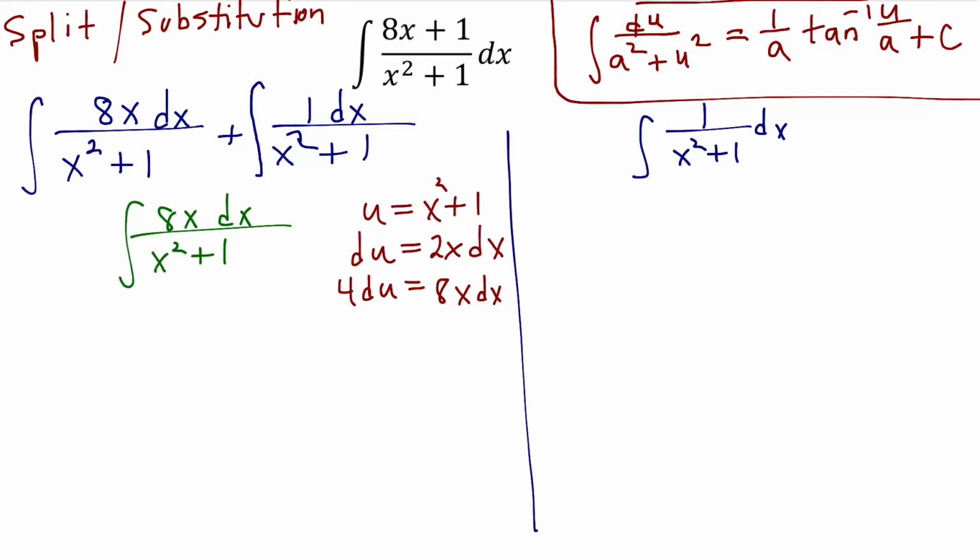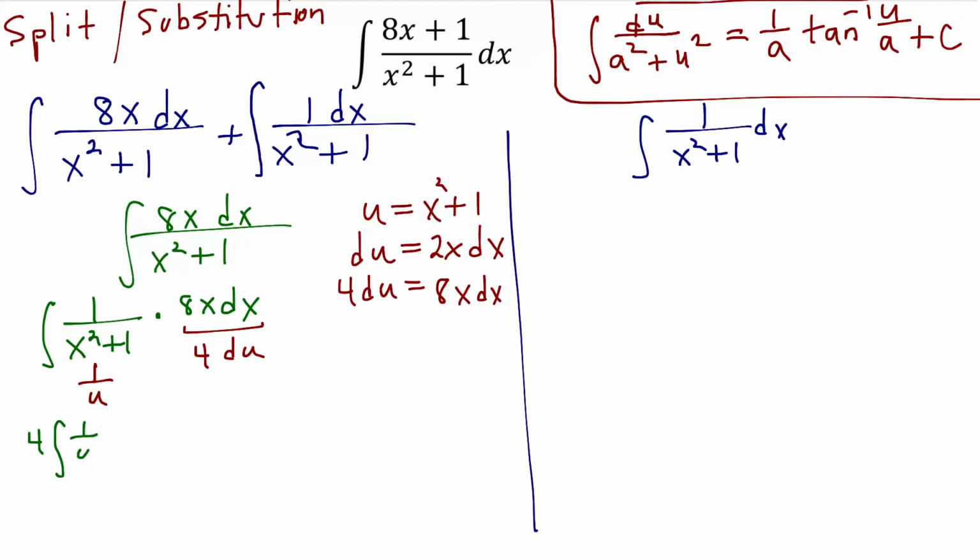All right, so now I can do some substitution. So if I break it up, I can see that this part here is 1 over u, and this part here is 4 du. So what I really am going to evaluate is 4 times the integral of 1 over u du.